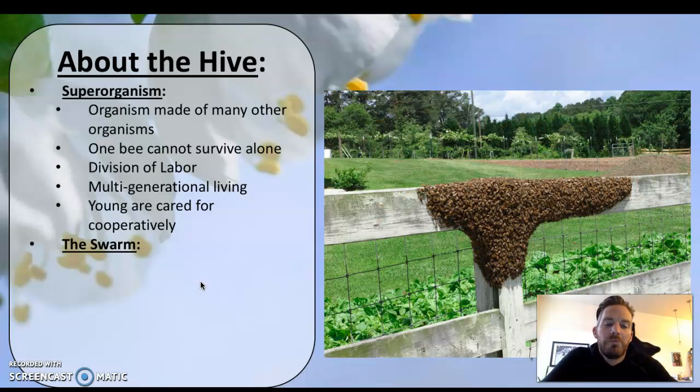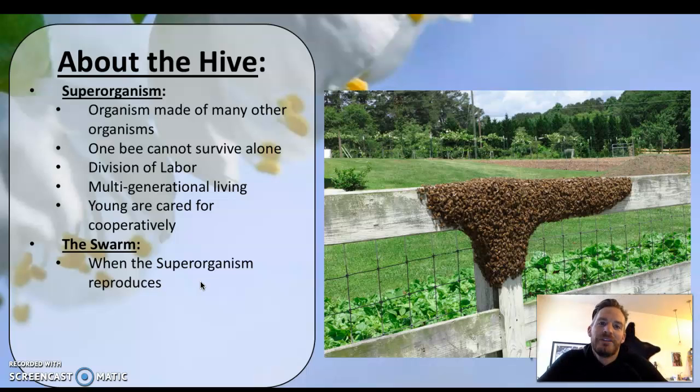Once the superorganism reaches a certain size and there's no more space inside the hive, the queen will sense this and begin the process of the swarm, which is kind of an awesome term if you ask me. The swarm is when the superorganism reproduces or makes a copy of itself.